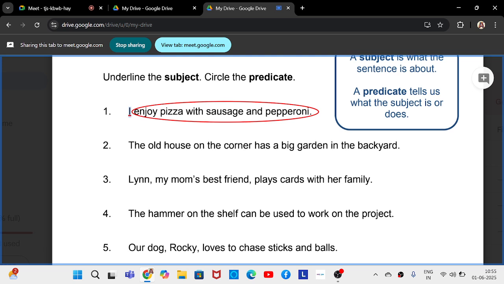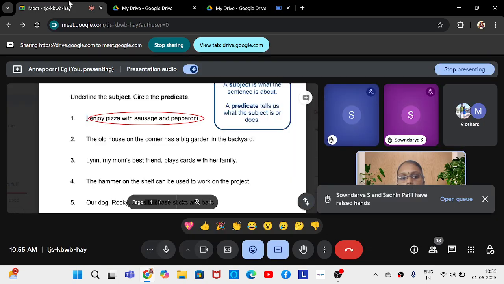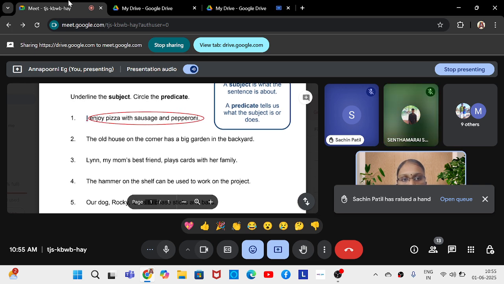Yes. Second question is: the old house on the corner has a big garden in the backyard. The old house on the corner has a big garden in the backyard. Yes, Sachin Patel. Sachin, do you want to answer?